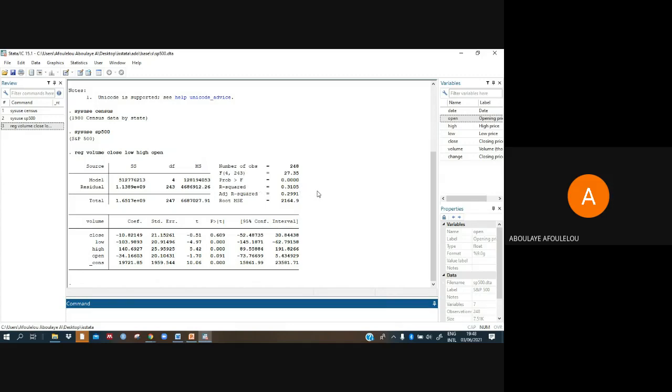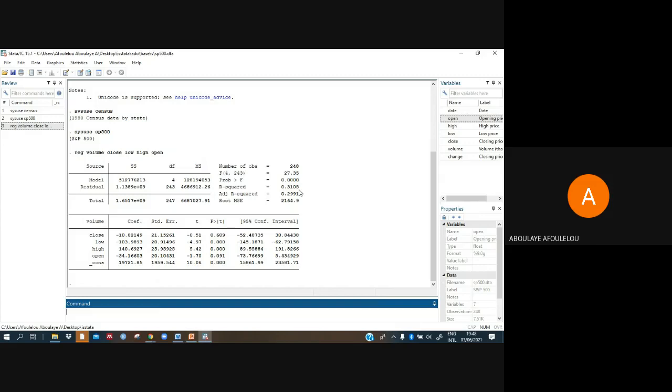Okay, now R square. R square is the measure of the goodness of fit. It explains the variability, how the independent variables explain the variability of the dependent variable. In our case here, we will say that the independent variables explain 31.05% of the variability of the dependent variable.